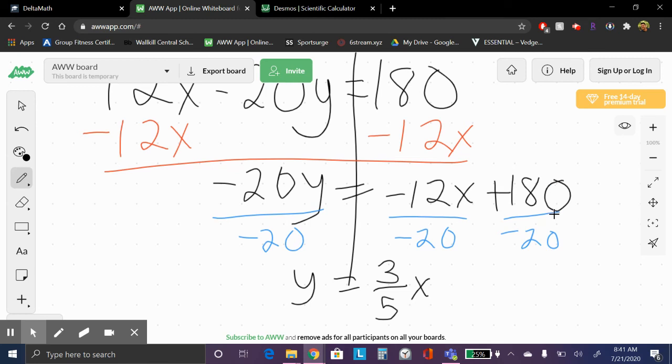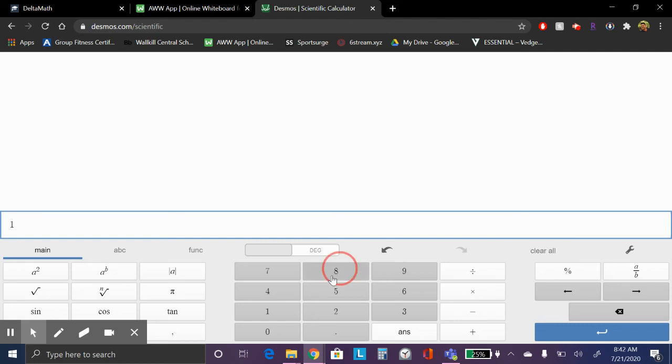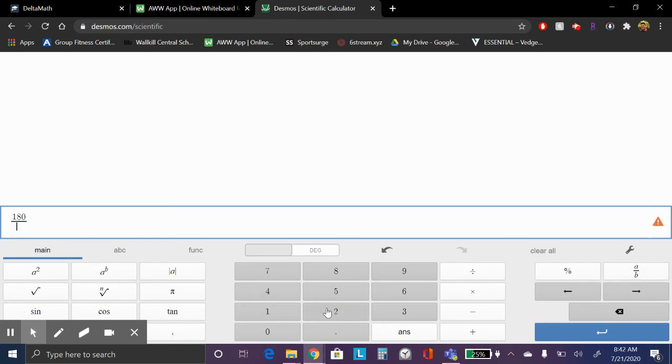Over here, 180 divided by negative 20 is negative 9. You can double check that in the calculator. 180 divided by 20 is 9, okay?